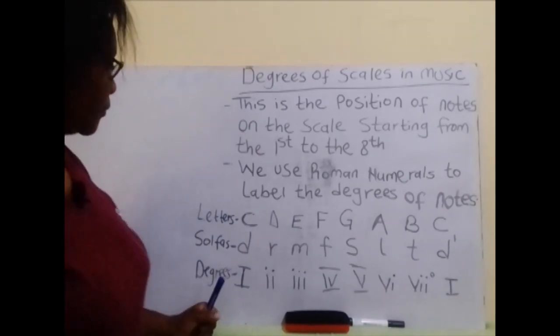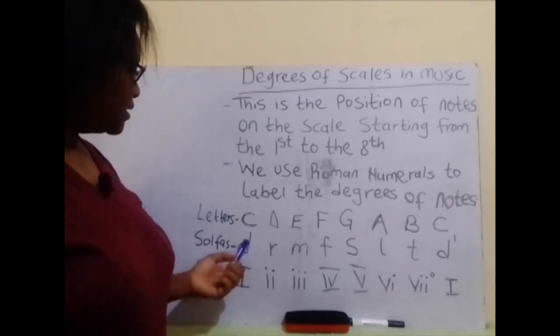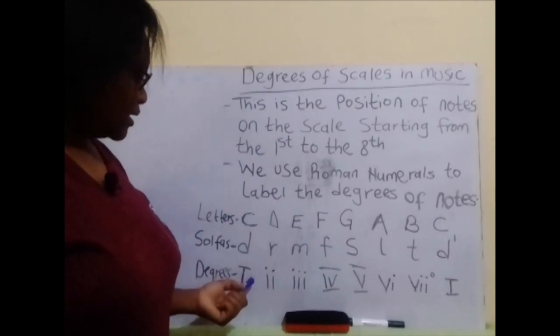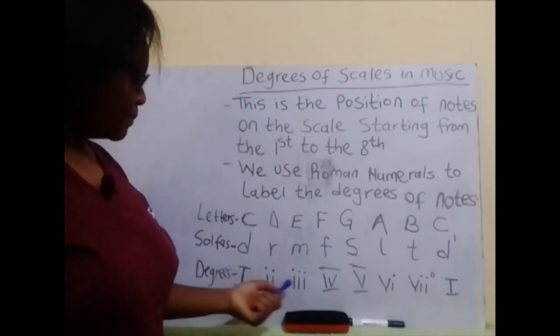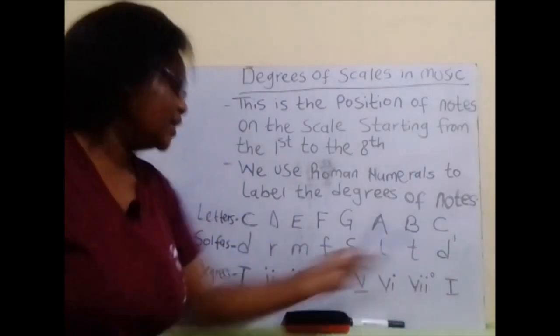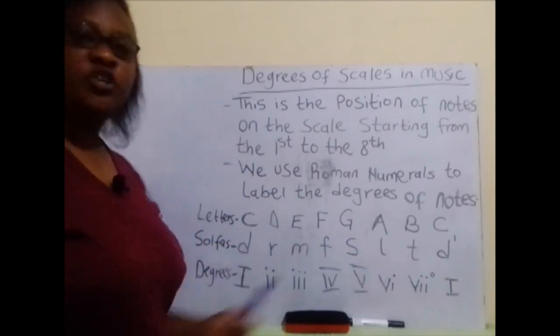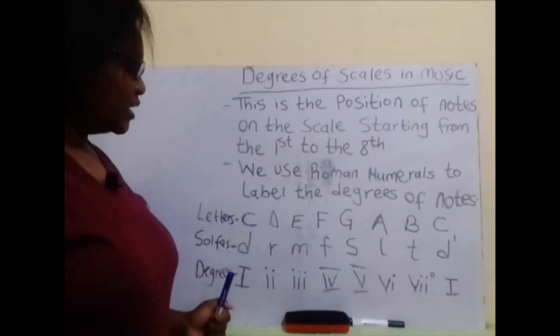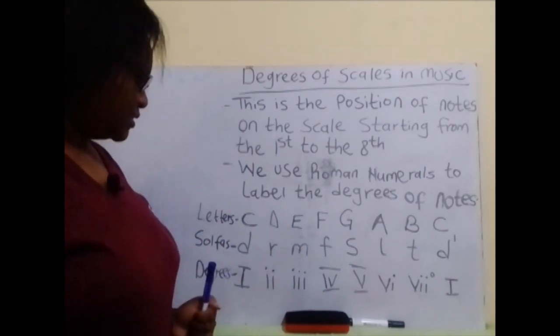So, for example, the first note or letter here is number 1. Then we have number 2, number 3, number 4, number 5, number 6, number 7, number 8. At least we know the Roman numerals and how they are written.